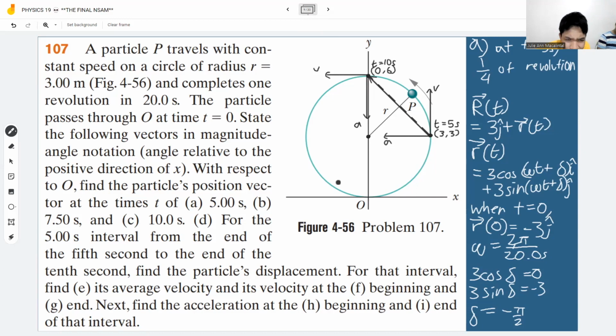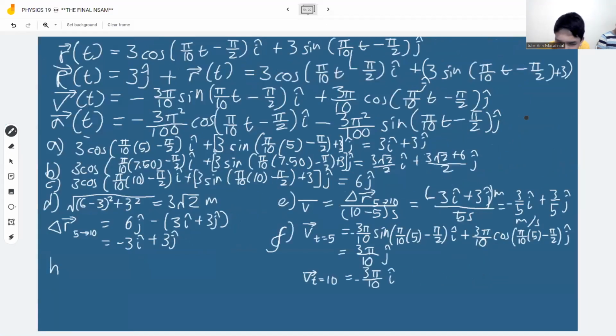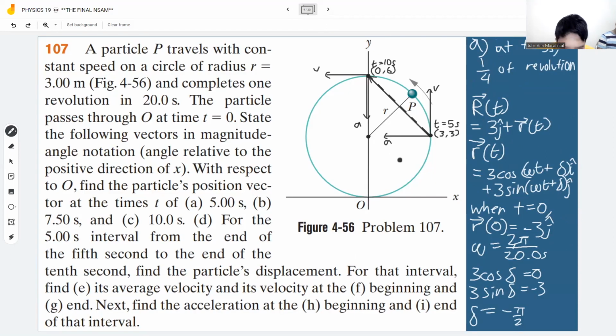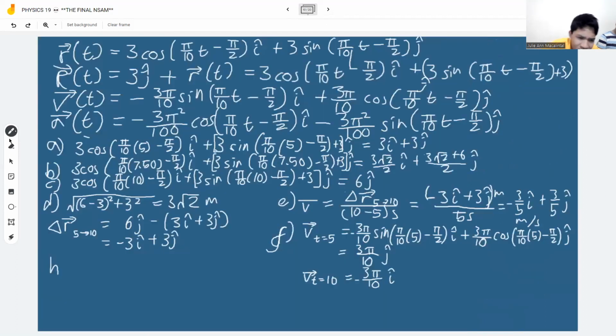It's in terms of speed and the radius. Okay, pwedeng mag-substitute yan, yes. Pero without substituting kaya, paano kaya yun?